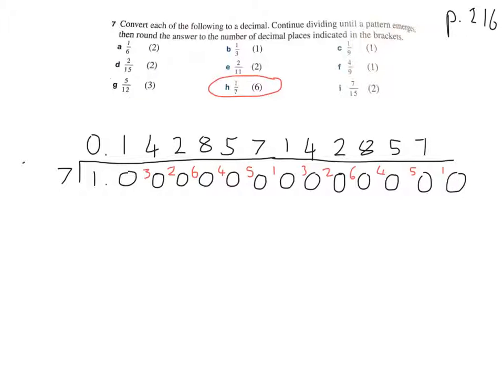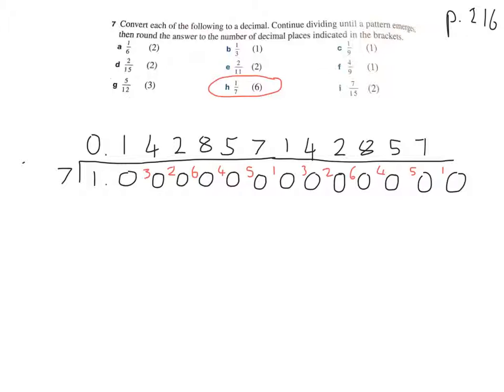But you'll notice that there's a pattern occurring here. So we got 142857, 142857. The question's asking us to round it to 6 decimal places. Now let's assume it wasn't even asking us to do that. We know that we can rewrite this decimal as follows.